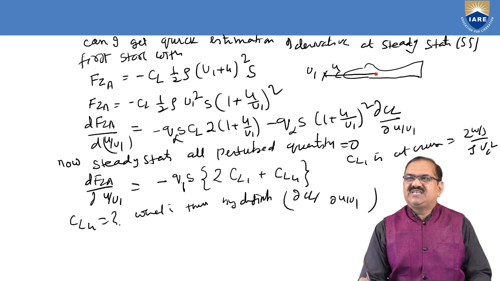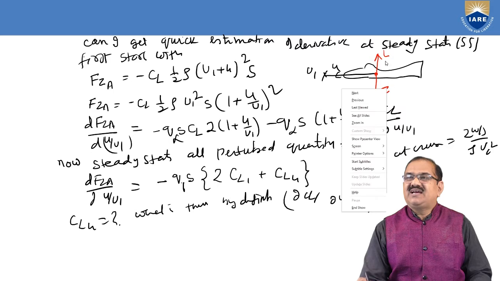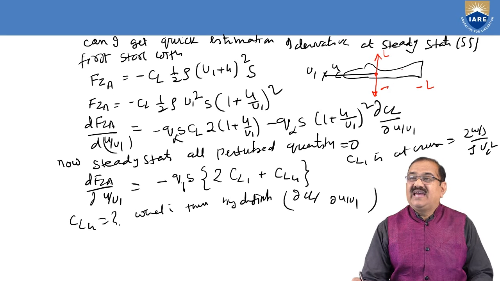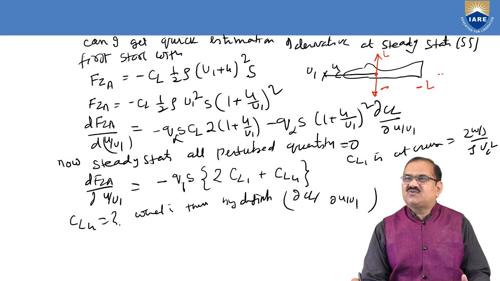Okay. So if you see here, this is the lift and this is the Z. So the lift is in the negative direction. It is a minus L. So here L is equal to CL half rho V square S. Okay, so here into CL.